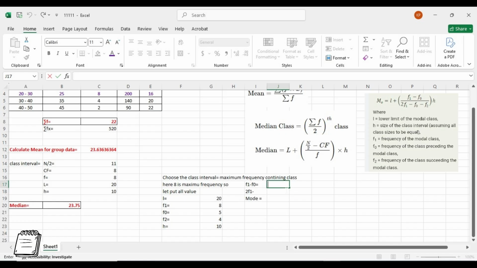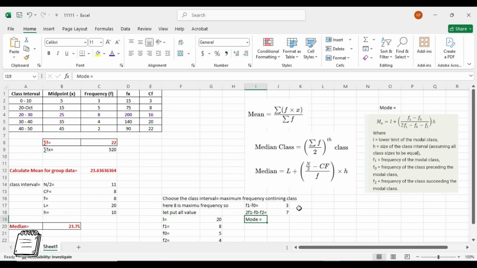F0 is the frequency of the class preceding the modal class. What is the preceding frequency of this modal class? 5. Above the 8 is 5. Now F2 is the frequency of the class succeeding the modal class below. So F2 is equal to 4.